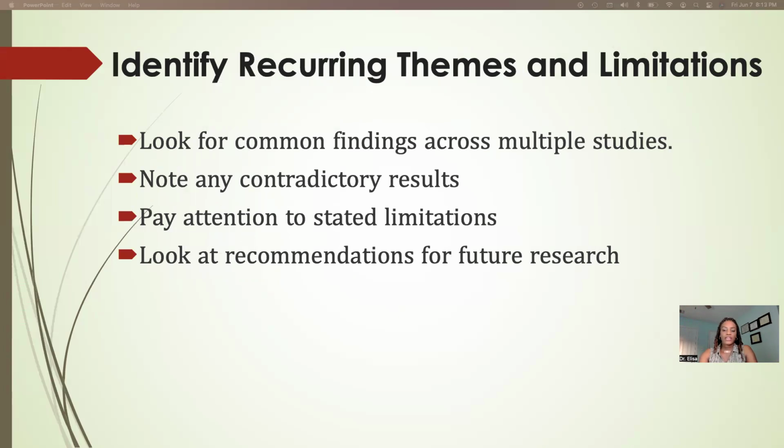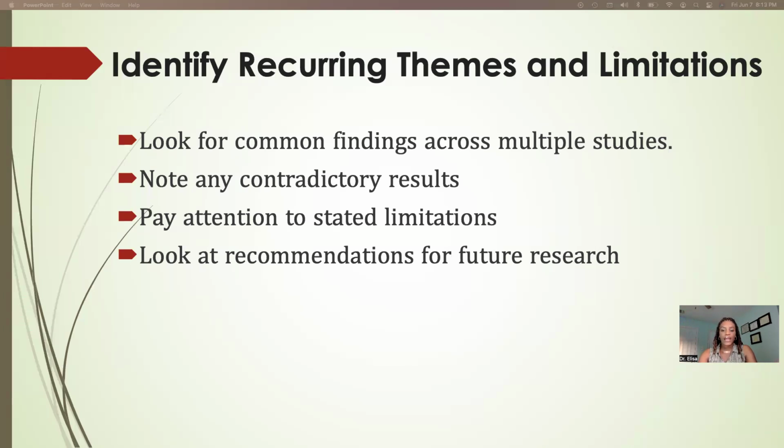The second thing that you should do, or step 2 in this process, is to identify any recurring themes and limitations that you find in the literature. So here's how to identify recurring themes and limitations. You want to look for common findings across multiple studies.